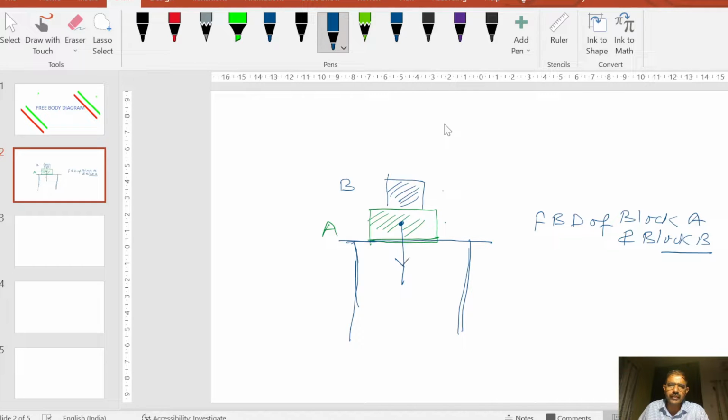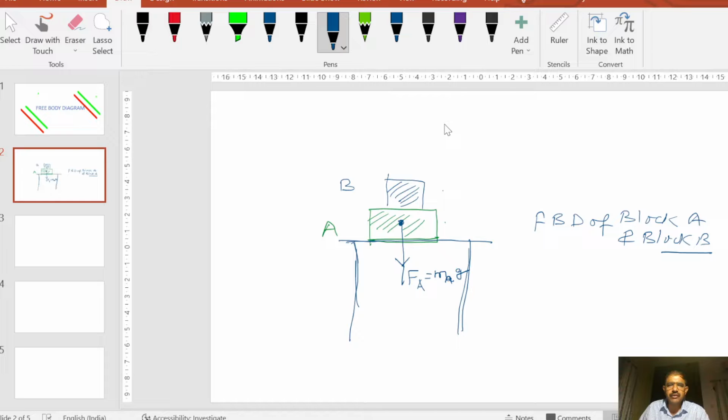You know that earth applies a force that is always equal to the weight of that object. So here earth pulls the object A in the downward direction by a force, and its value will always be equal to, if the mass of this object is Ma, then Mag. That is the force.